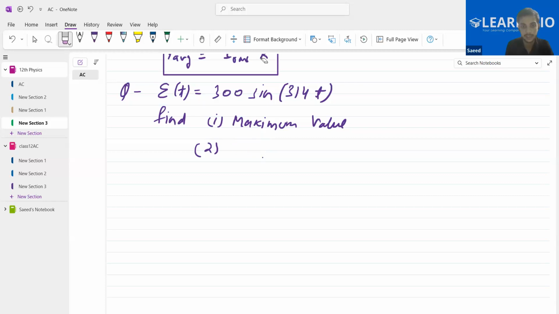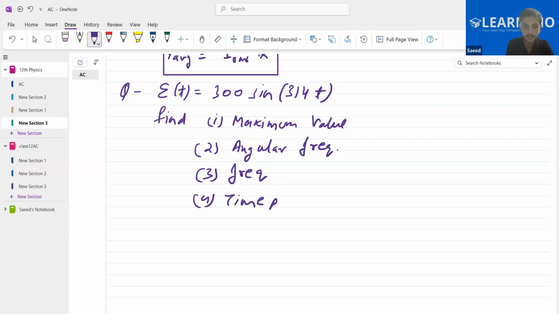Third is frequency. Fourth is time period. Fifth is RMS value.